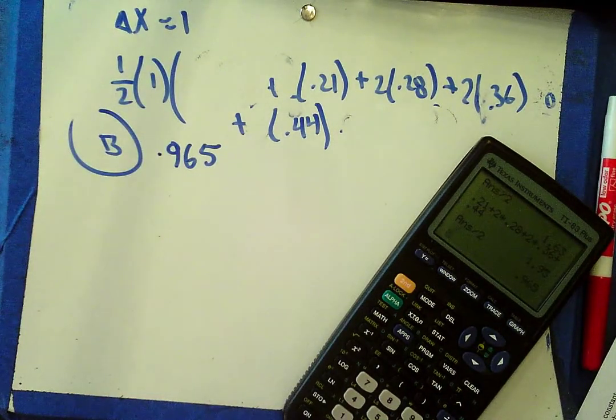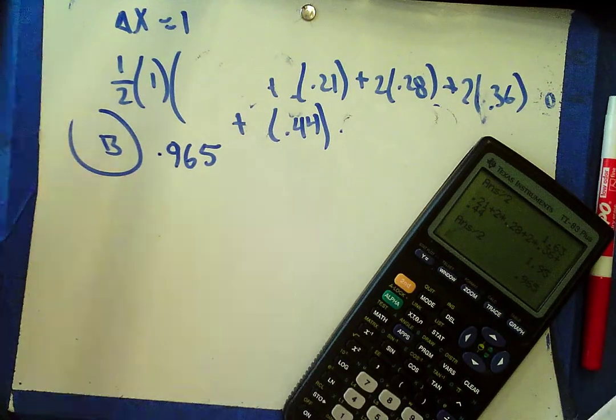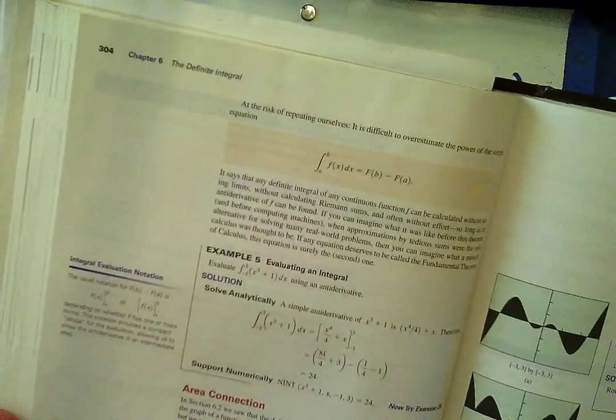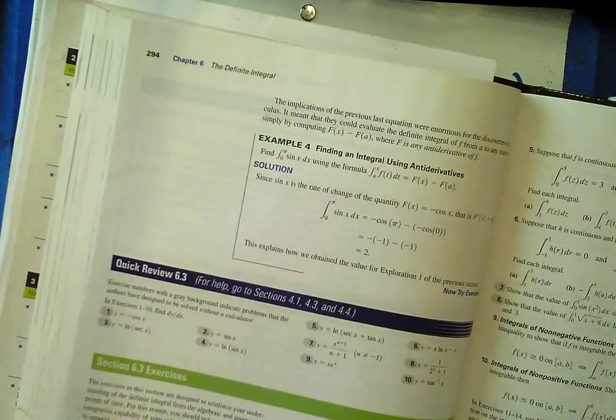Okay, that's the end, but I'm going to go back and just confirm that we don't have an integral property that deals with the product of integrals for number 43. Okay, so integral properties.